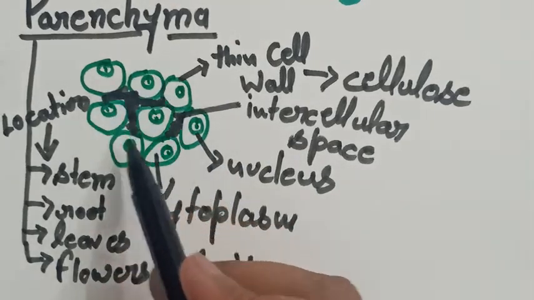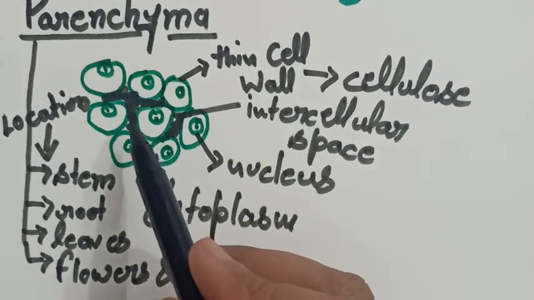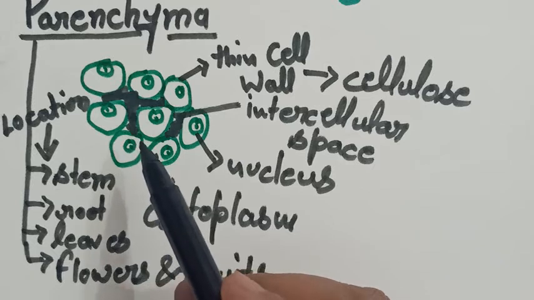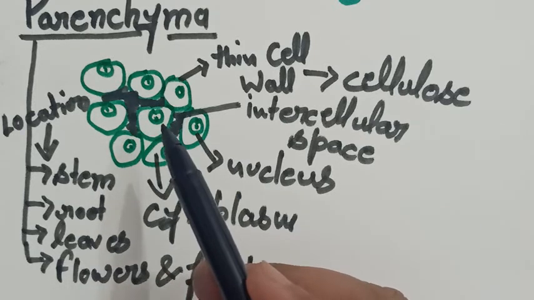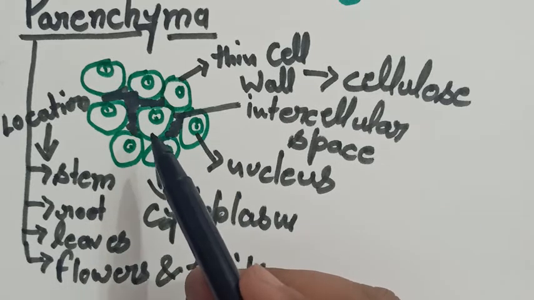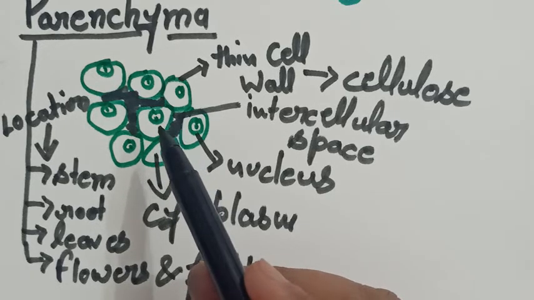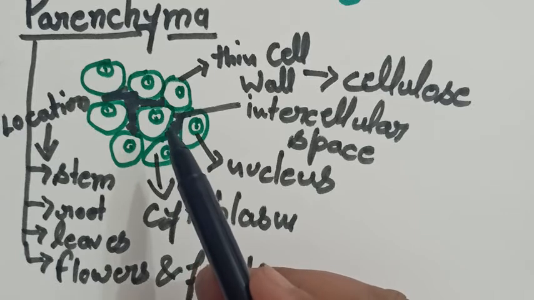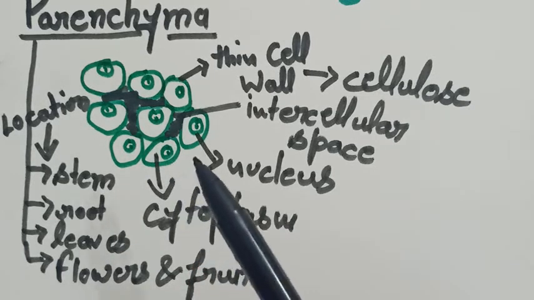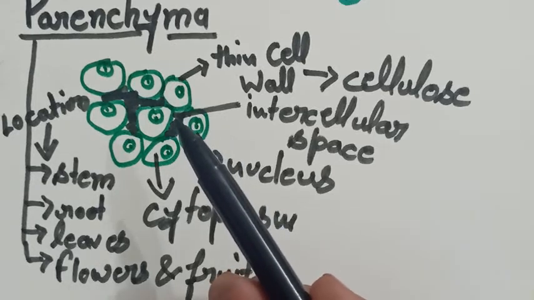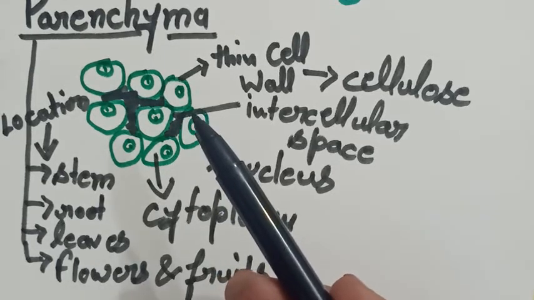Students, here I have drawn with a green color. The parenchyma cells which are present in leaves contain chlorophyll, and due to the presence of chlorophyll, the cells appear green in color and carry out photosynthesis.